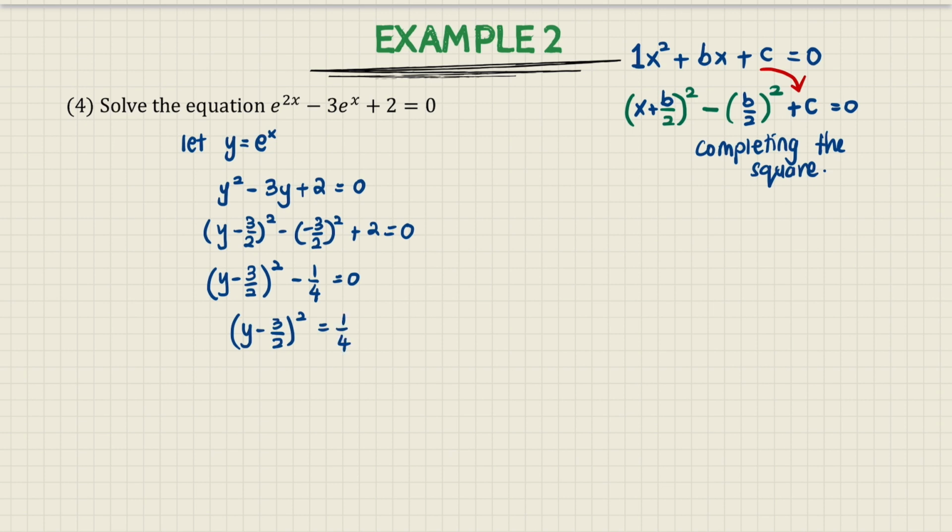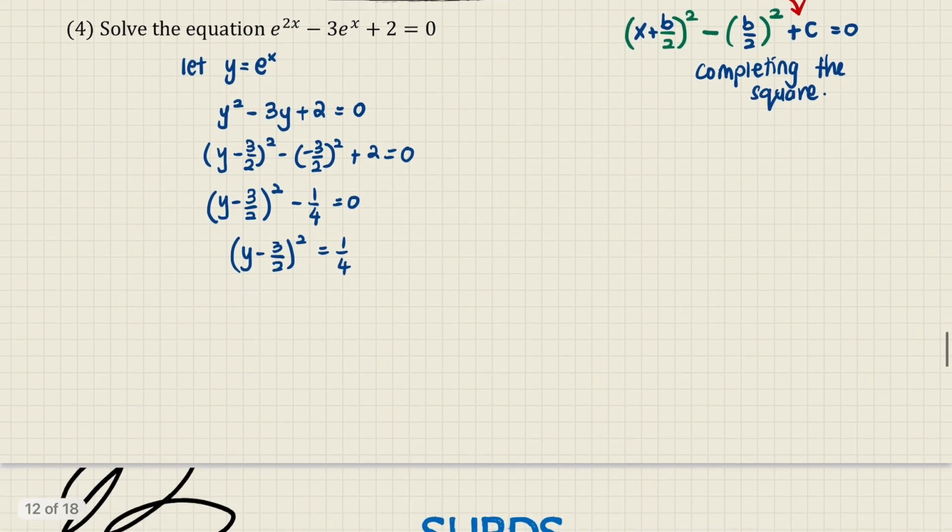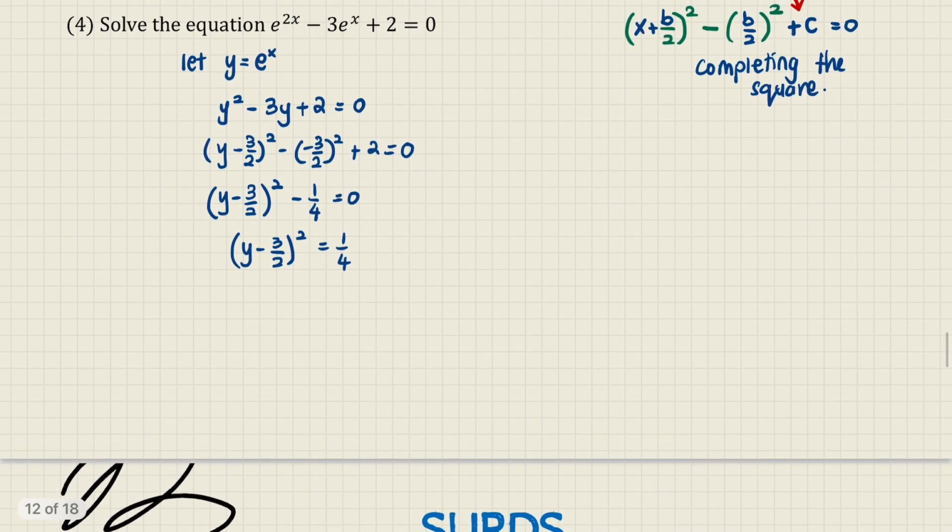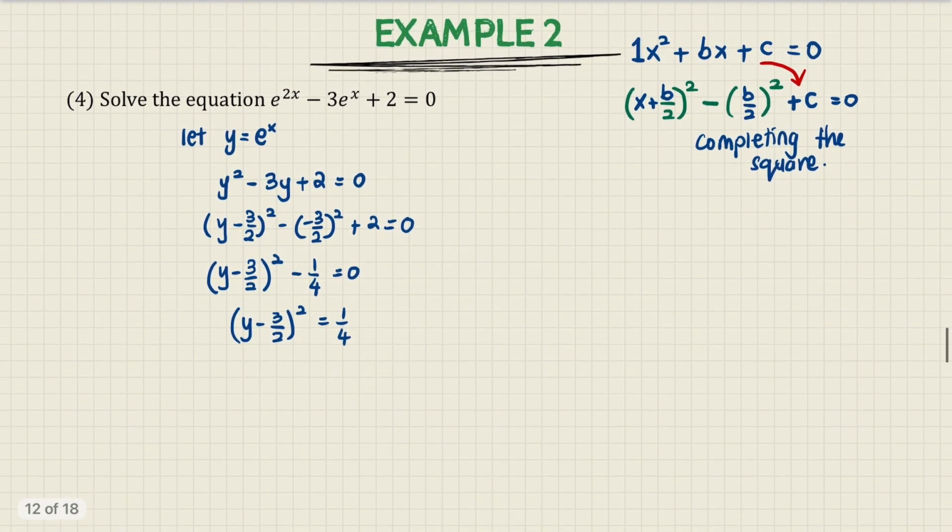Then, as I have explained, if it is squared we have to change it to square root. So y minus 3 over 2 equals to square root of 1 over 4. When we take the square root, we must have plus minus.